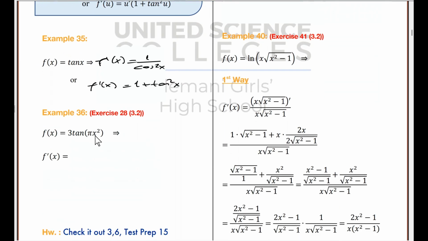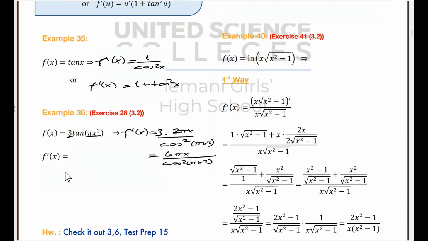So here, exercise question. 3 is the coefficient, it stays. Multiply it by derivative of the angle. Derivative of pi x squared is 2 pi x divided by cosine squared of the same angle. When you simplify it, 6 pi x over cosine squared pi x squared.